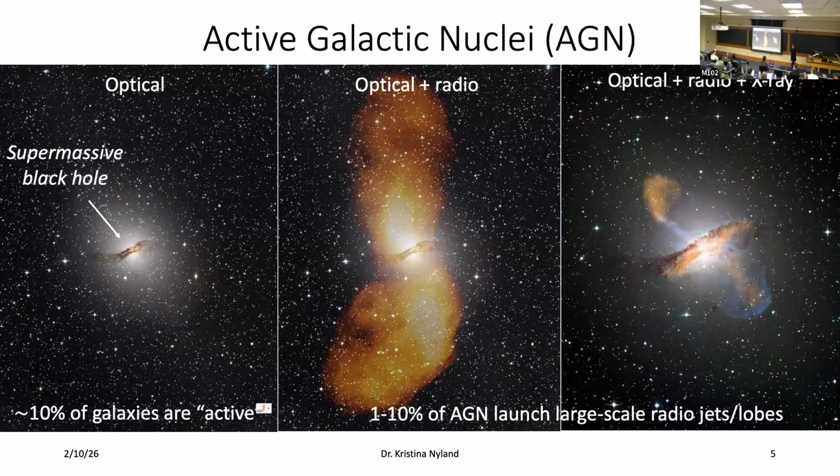Here's a beautiful example of Centaurus A in optical, with 1.4 gigahertz emission from the ATCA, the Australia Telescope Compact Array. This is a really spectacular image. This spans several arc minutes, or about 500 kiloparsecs.